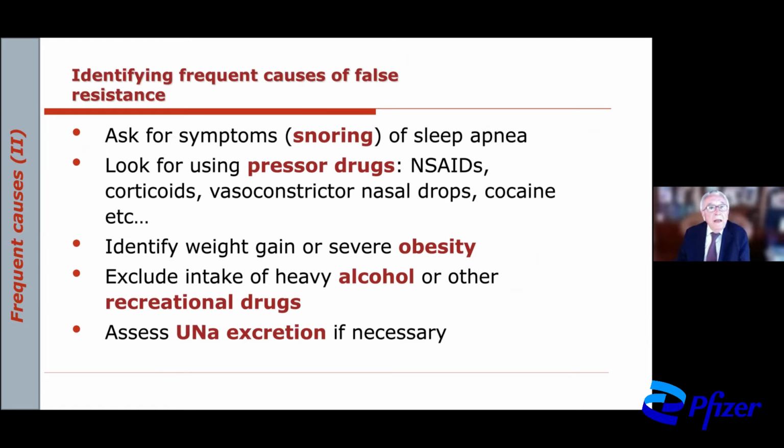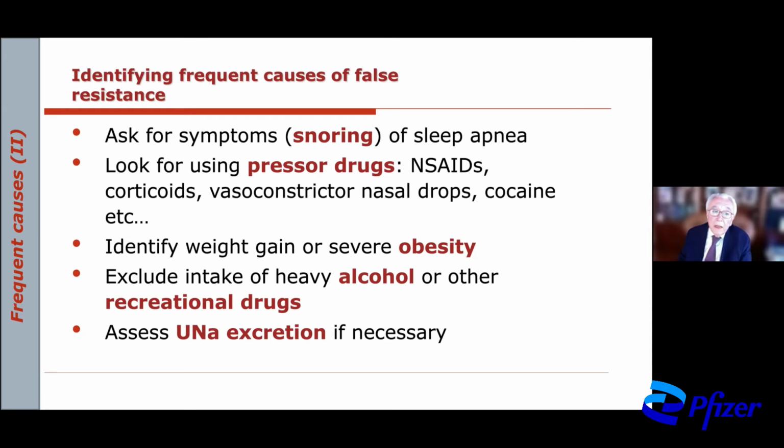The second is to identify frequent causes of false resistance. One of the first things is that we need to ask the patients if they snore. We need to try to identify if the patient has sleep apnea, because sleep apnea is one condition that can maintain the resistance. Of course, look for pressor drugs: non-steroid anti-inflammatory drugs, corticoids, vasoconstrictor nasal drops, and recreational drugs like cocaine.